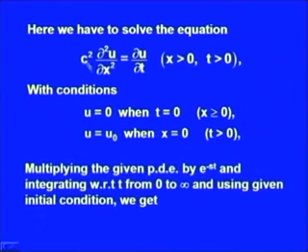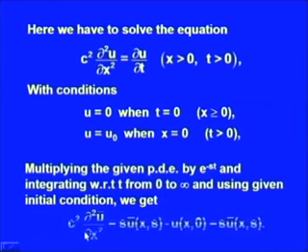Now, let us multiply the partial differential equation by e to the power minus st and integrate with respect to t from 0 to infinity, and use the given initial condition, that at t equal to 0, u is equal to 0. When you take the Laplace transform, c square is a constant so it will remain as it is, and x is independent of t.